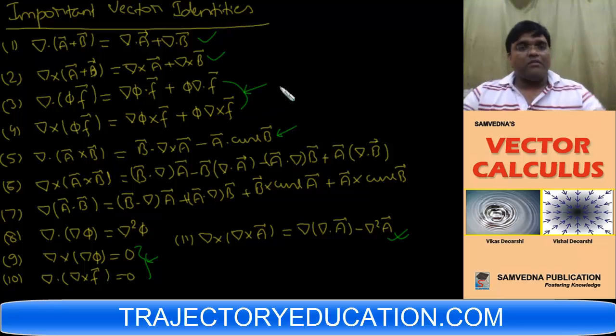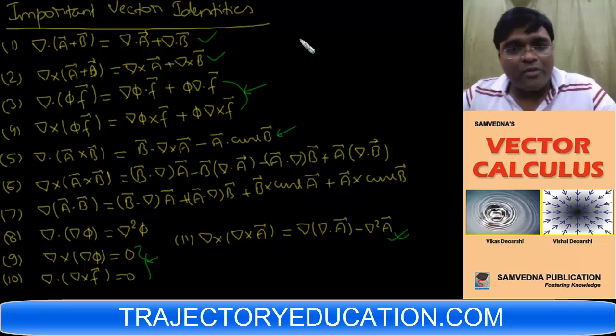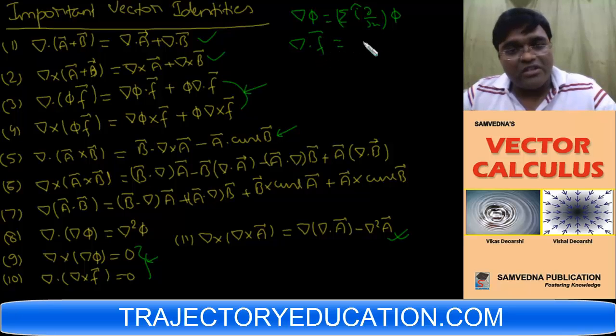Here, most of the problems I'll solve without using these identities. I usually advise you to solve using the definition only, like grad of phi is sigma i d by dx of phi. Del dot f, the divergence, is defined as i dot del by del x f, and del cross f equals i cross del by del x f.